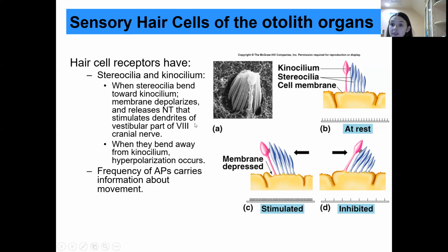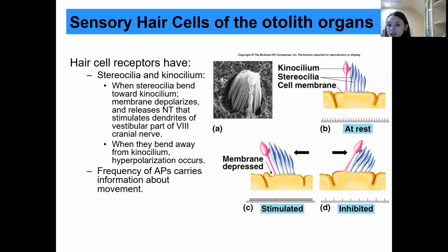So here we have the kinocilium, which the stereocilia bind toward. First of all, this opens the potassium voltage-gated ion channels, which cause the opening of calcium ion channels. Calcium ions move inside the stereocilia and as a result produce depolarization.